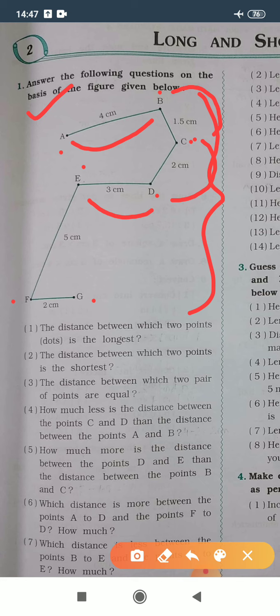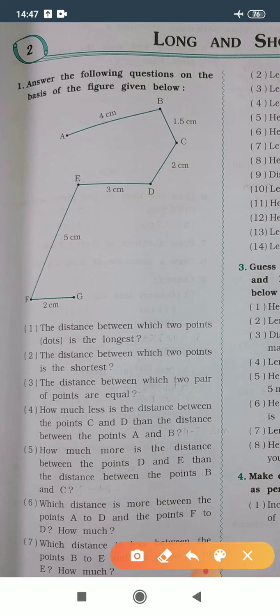The distance between point E and F is 5 centimeter. And last, the distance between point F and G is 2 centimeter. So with the help of this figure we need to answer the following questions.